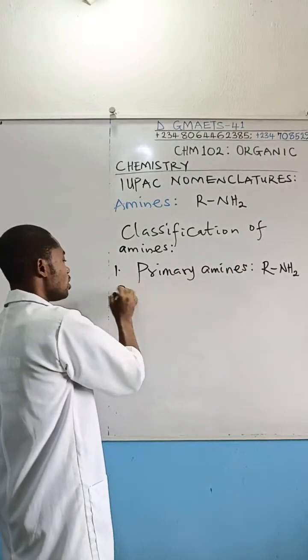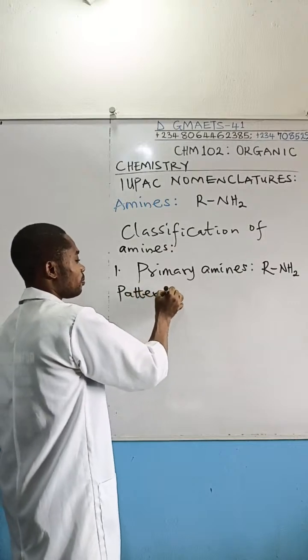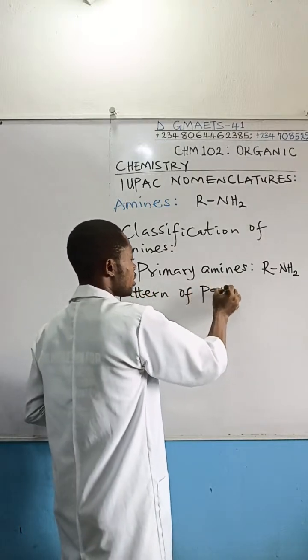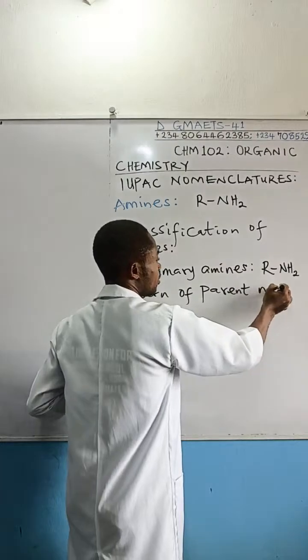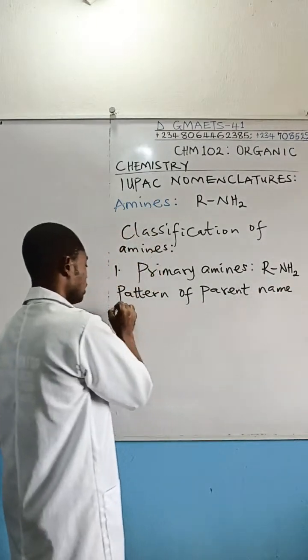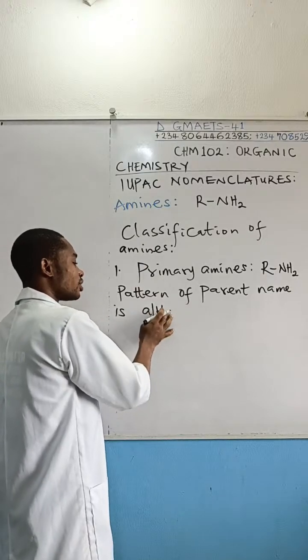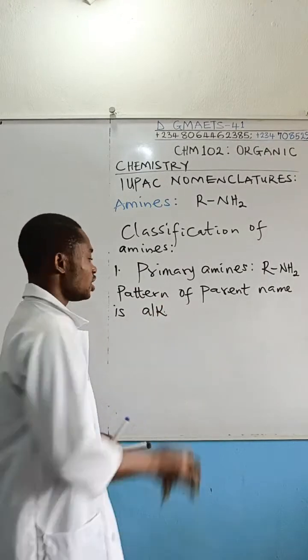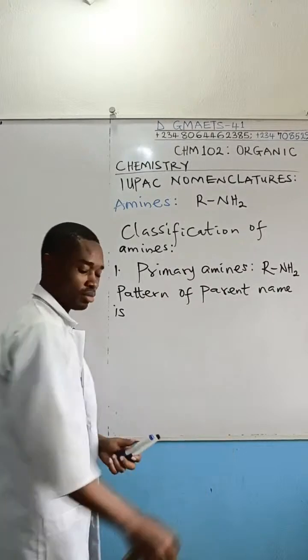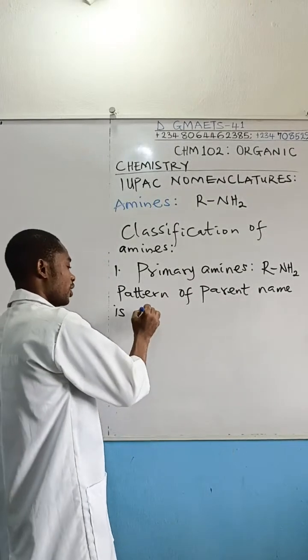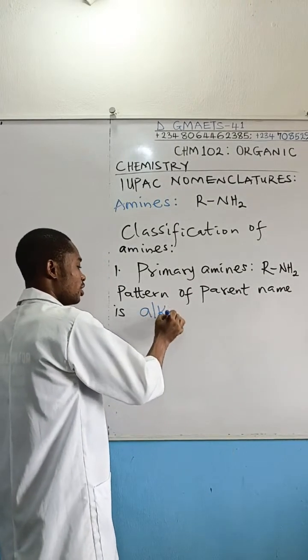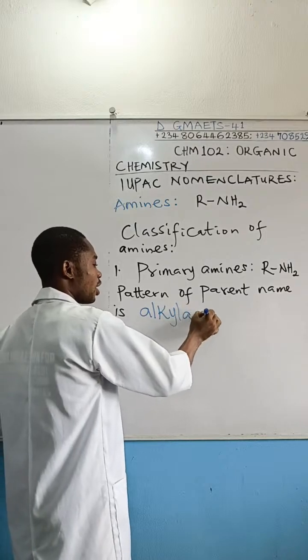I'm going to write: pattern of parent name is alkylamine. So you could have something like methylamine, ethylamine, propylamine, butylamine, pentylamine, and whatever.